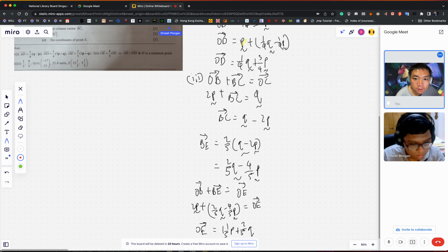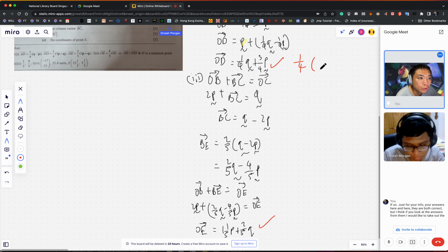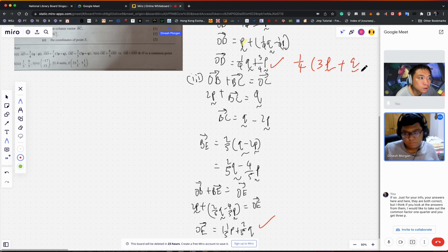So just for your info, your answers here and here, they are both correct. But if you look at the answers from them, they would like to take out the common factor 1/4, and then you get 3p plus q.